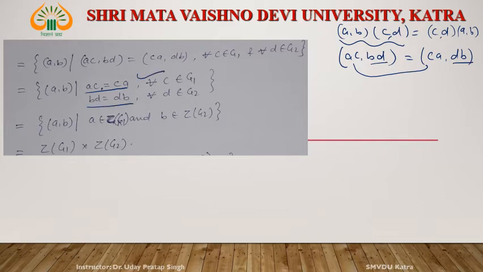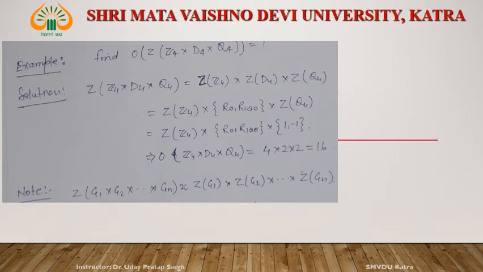This is for all c and this is for all d. If this is for all c, then a belongs to Z of G1, sorry, and b belongs to Z of G2. And this is Z of G1 cross Z of G2. Okay.